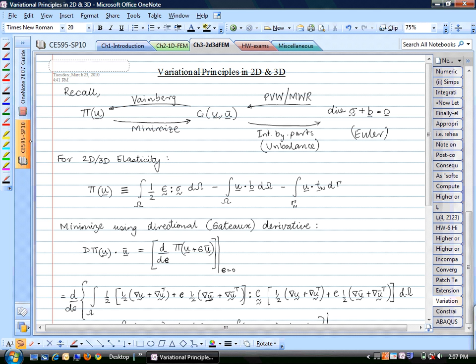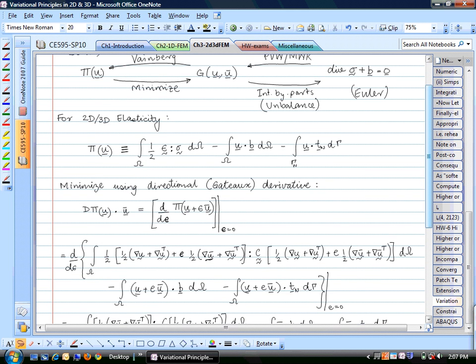On the other hand, if you start with pi, you can find out how to implement this on a finite element using this minimization procedure. You can also find out what is the underlying governing equation by using integration by parts to unbalance the derivatives. And that equation in general is called the Euler equation. All right, so for 2 dimensions and 3 dimensions elasticity, the energy functional is a very basic generalization of what you had in 1 dimension.